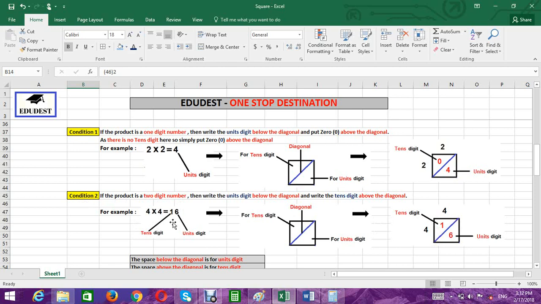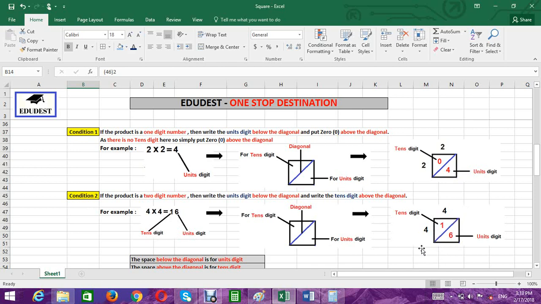Here 1 stands for the tens digit and 6 stands for the units digit. So we mention the unit digit, 6, below the diagonal, and the tens digit, 1, above the diagonal.